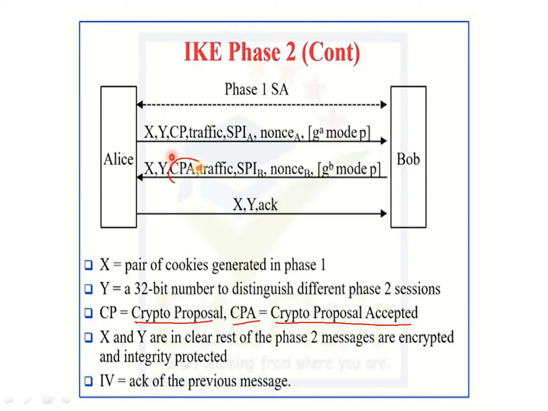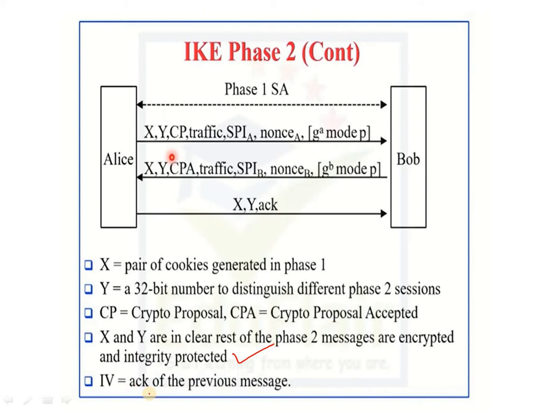Then SPI, the security parameter index of Alice, nonce of Alice, then the key exchange. For the key exchange, we will use the Diffie-Hellman key exchange algorithm. X and Y are in clear; the rest of the phase 2 messages are encrypted and integrity protected.